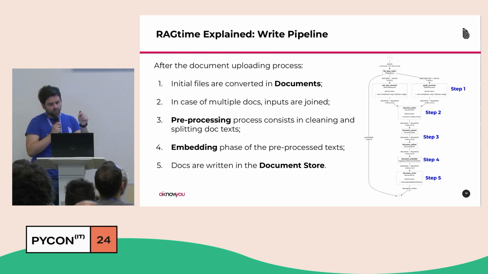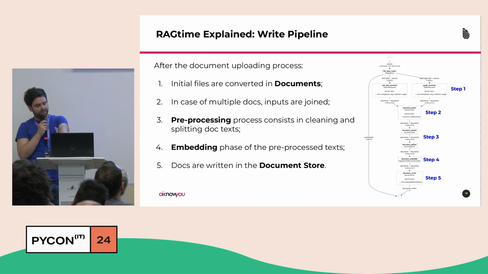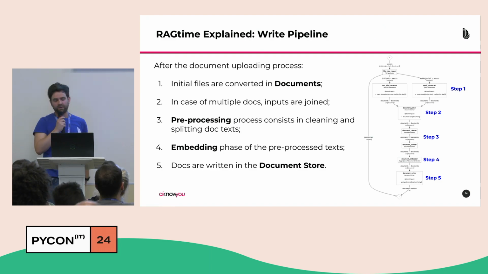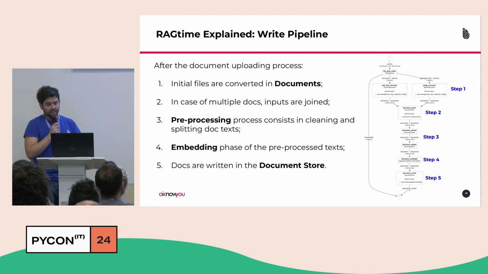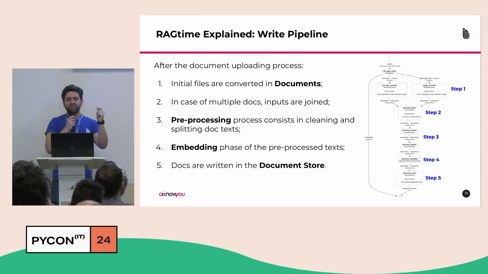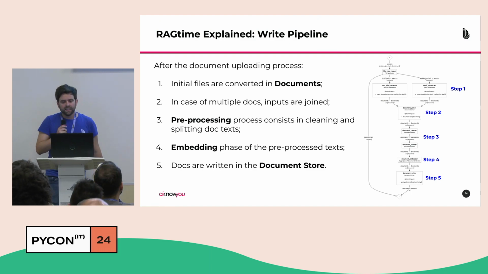In case you want to use this same pipeline, it is in my public repository, so you can take it and use it for other projects. The inputs are joined, so you can, for instance, give this pipeline a folder with TXT and PDF, and the pipeline is able to take all the TXT and all the PDF and convert and join them.